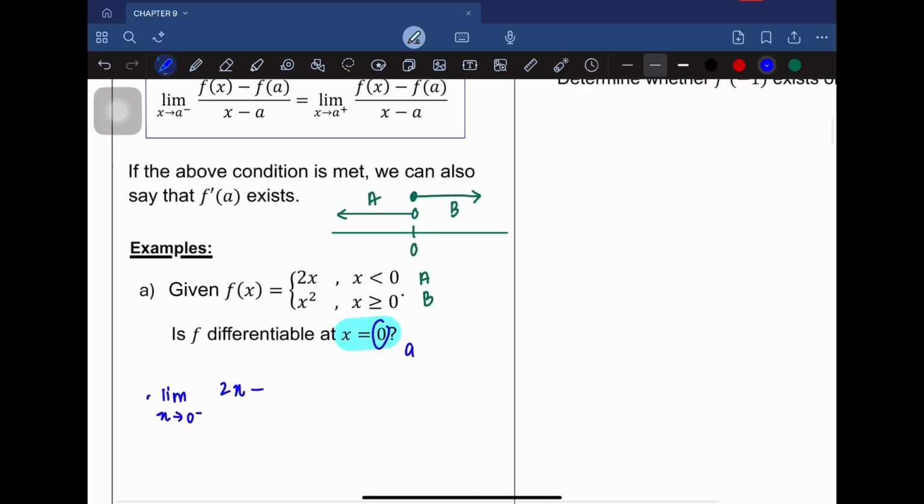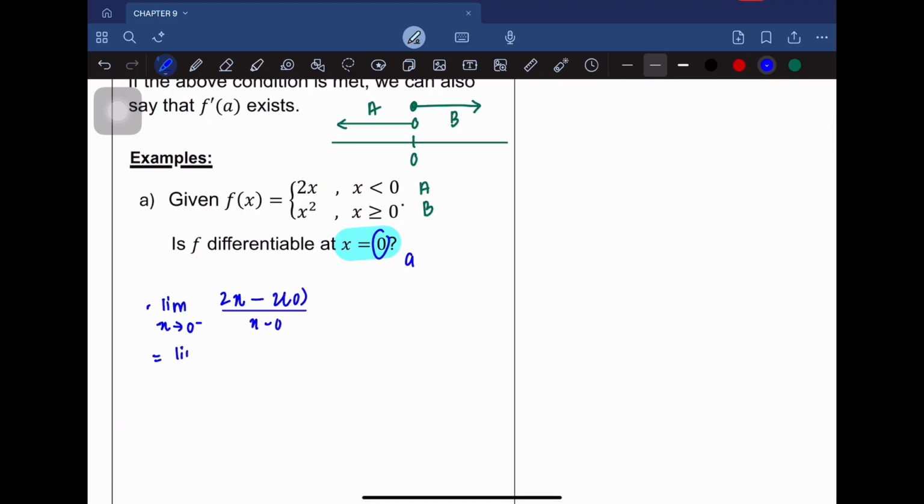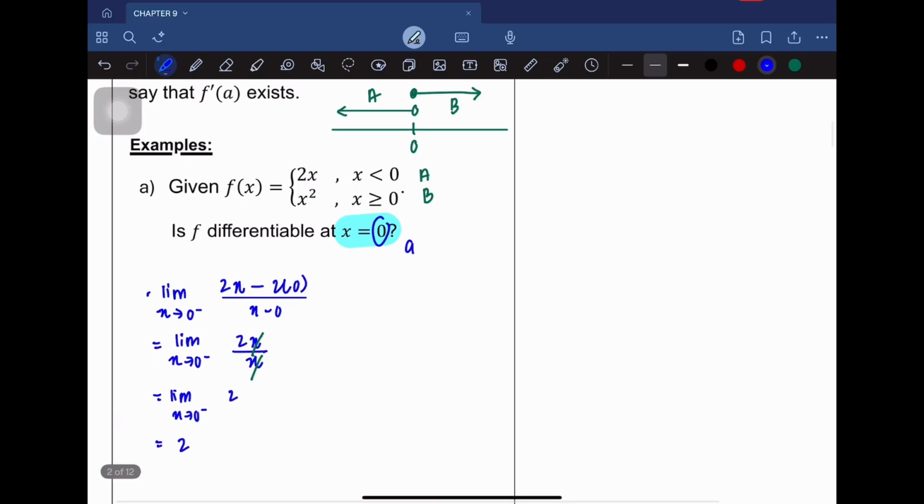So meaning dia akan jadi 2 0 over x minus a, which is x minus 0. Okay, so now kita cantikkan dulu approaching 0 from left, so dia jadi 2x tolak 0 over x. Okay, we can simplify this. So limit x approaching 0 from left, 2 is 2.